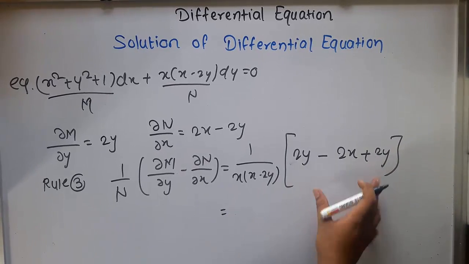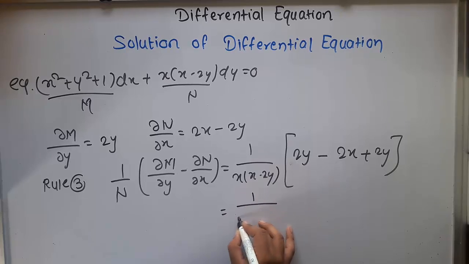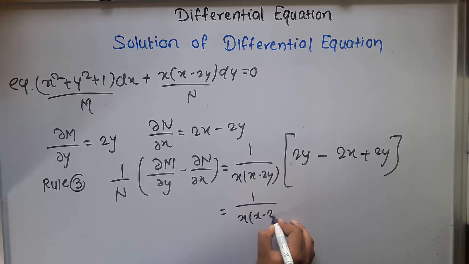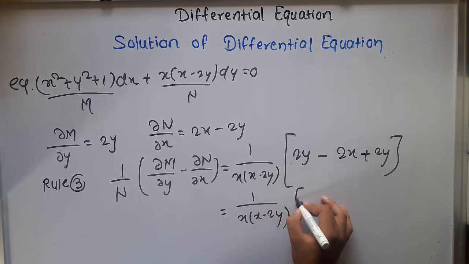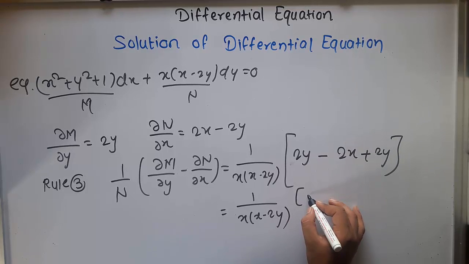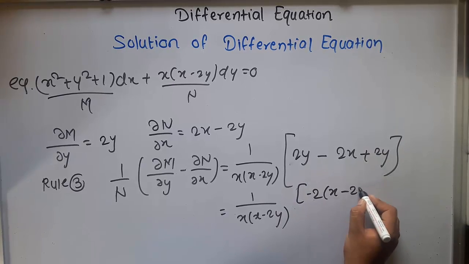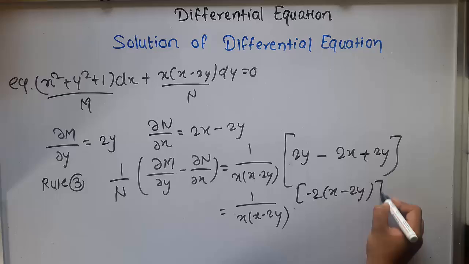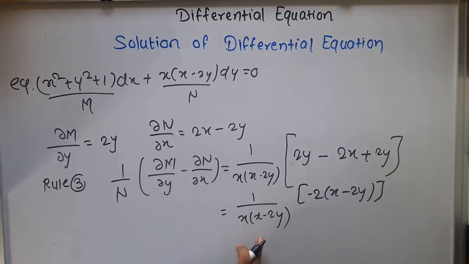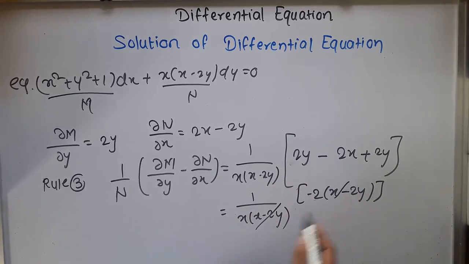By simplifying this bracket term, 1 upon x minus 2y, taking minus 2 common, x minus 2y. These are the same, so they get cancelled.